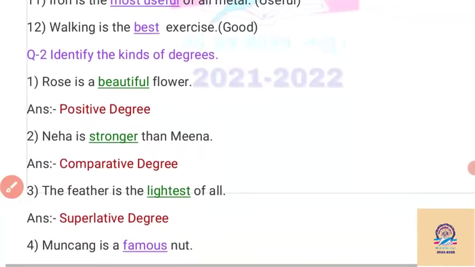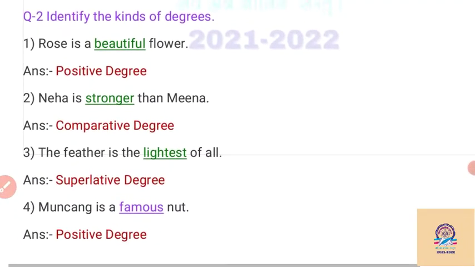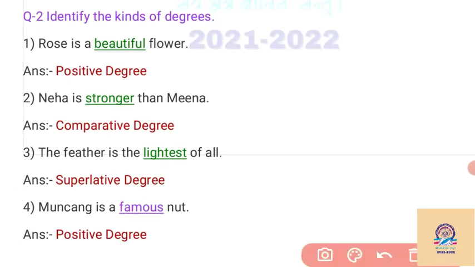Then in the second exercise, we have to identify the kinds of adjective. Rose is a beautiful flower. We are not going to compare the rose flower with other flowers. So by seeing beautiful, the positive form of the adjective, we can say that our answer is positive degree.